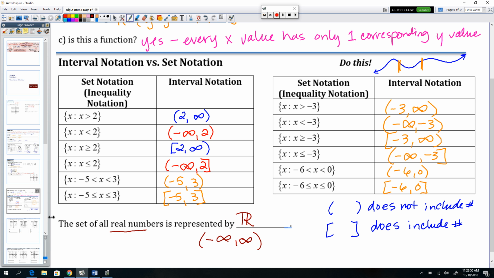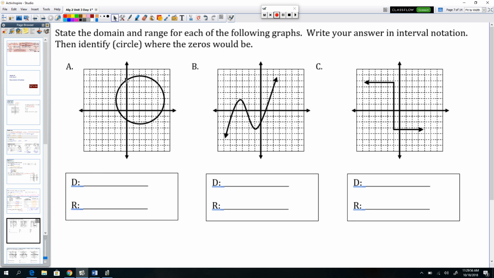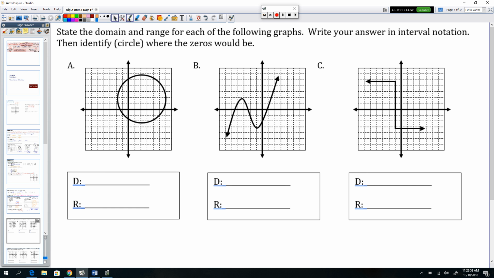Okay? So let's start talking about functions that live over these intervals. So instead of individual points like we had at the beginning of the lesson, we've got continuous functions where we don't pick up our pencil, and we couldn't possibly list out every single element of this domain with commas separating them. These are intervals.